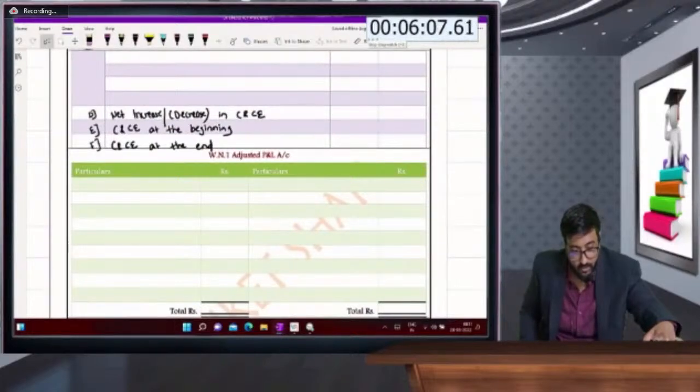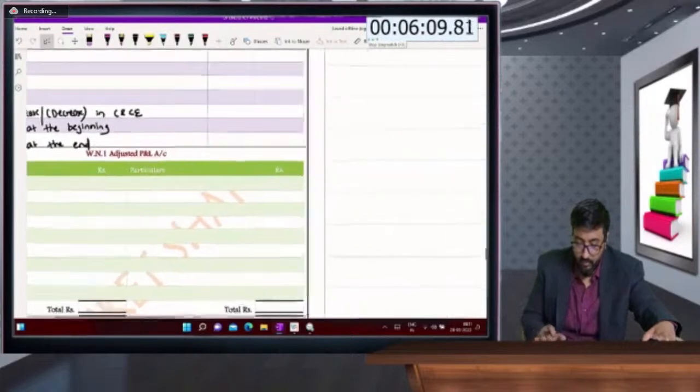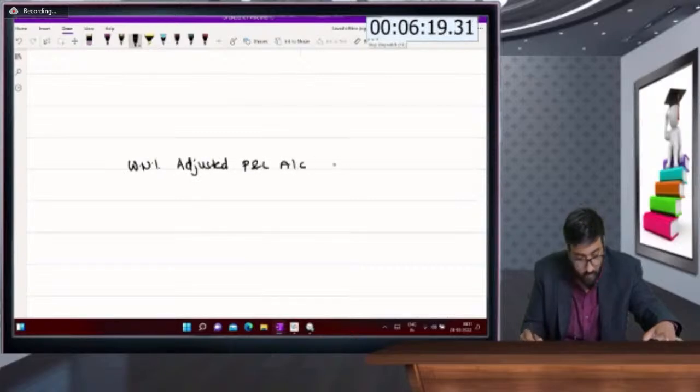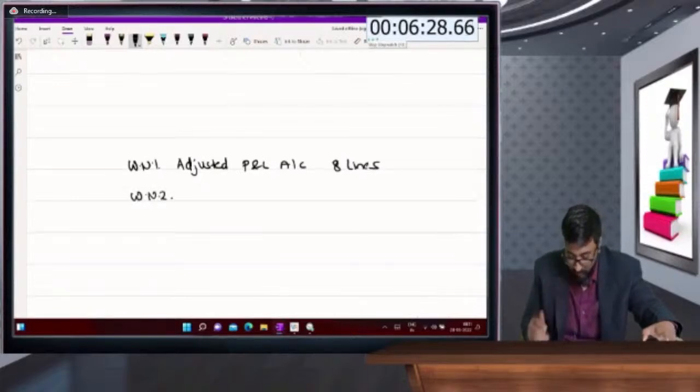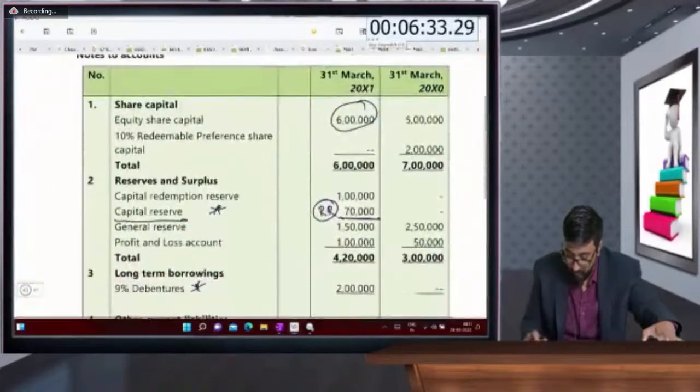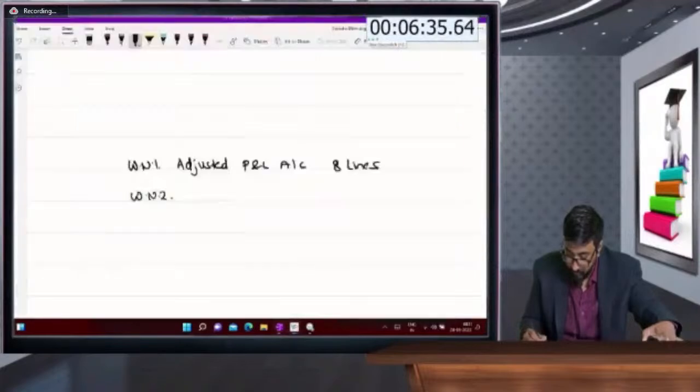Adjusted profit and loss account. Now working notes. Adjusted profit and loss account, 8 lines. Line by line. CRR account, 5 lines.